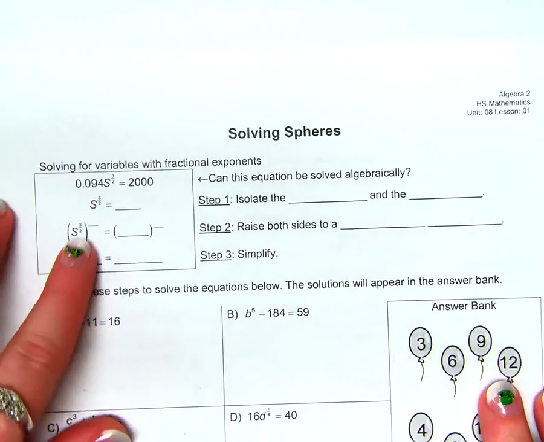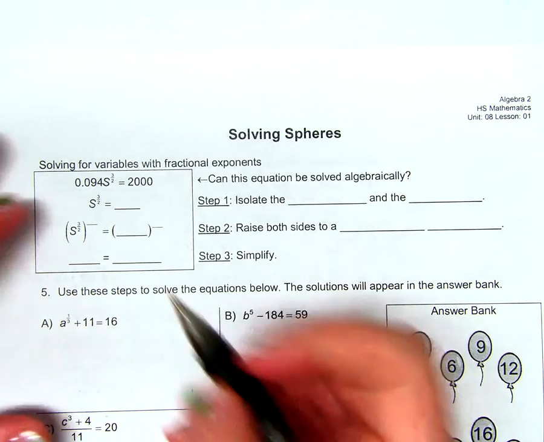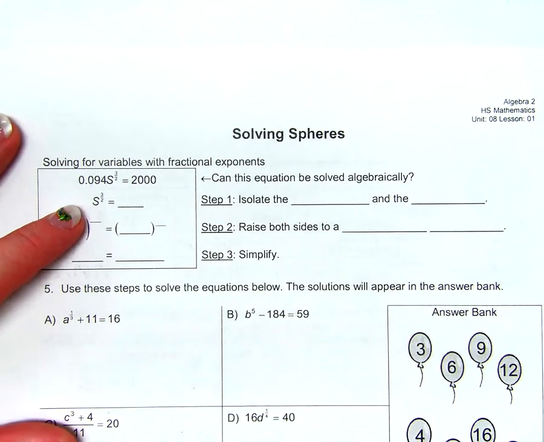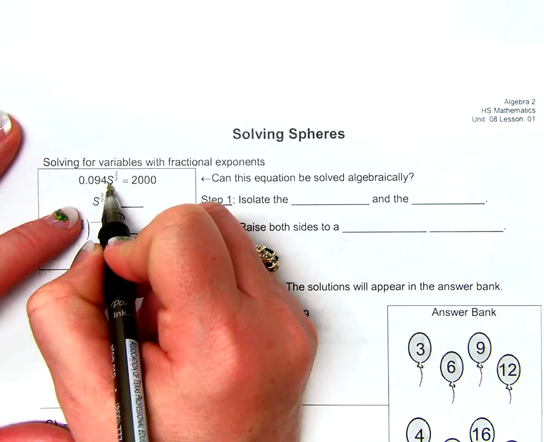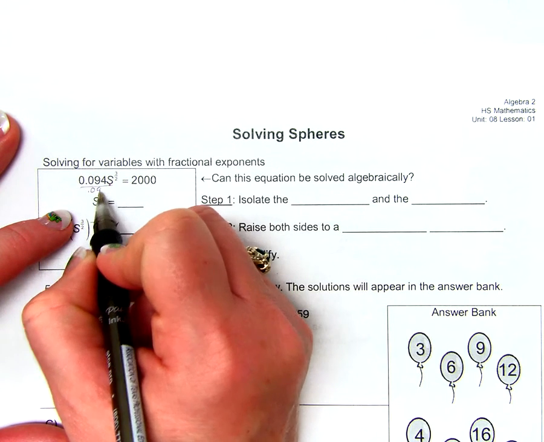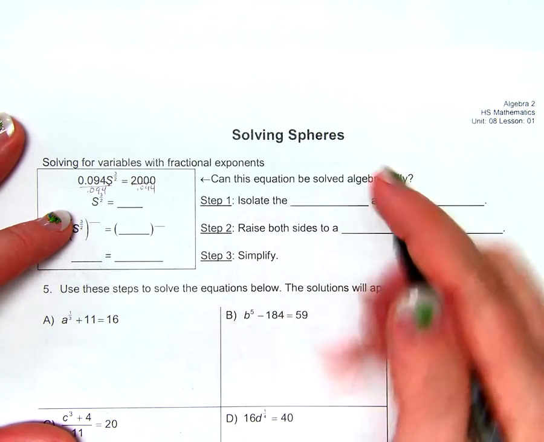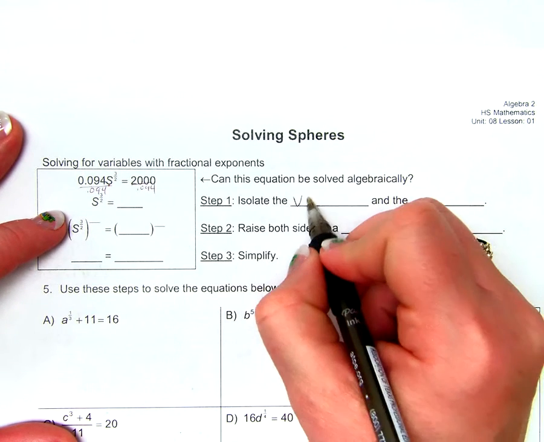Oh, okay, we could set up and solve an equation algebraically. If we're solving this equation algebraically, we would first isolate the variable, by dividing both sides by 0.094.